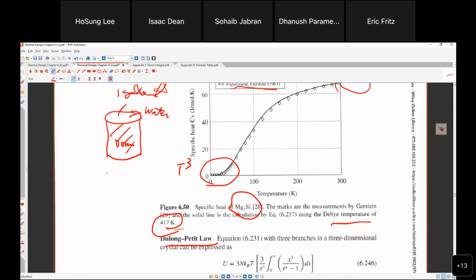So in order to increase the temperature 1 degree, what is the energy required?